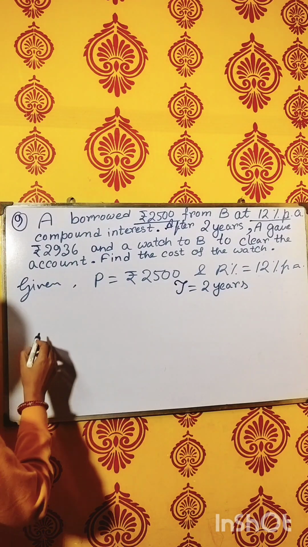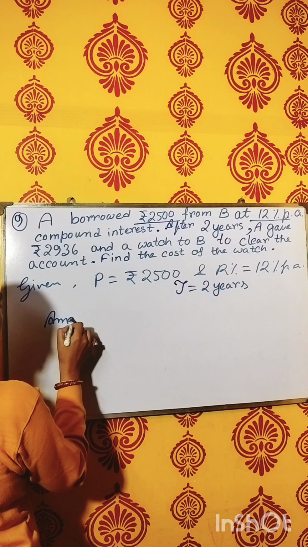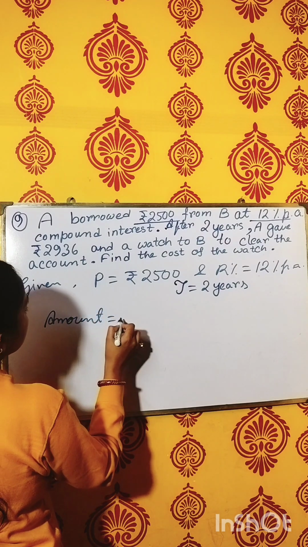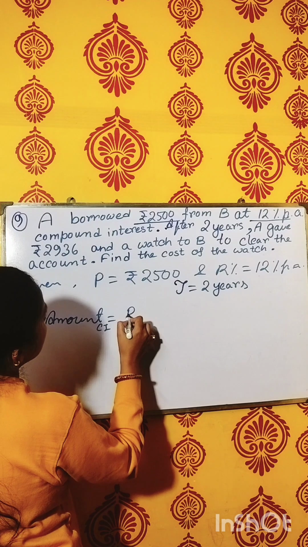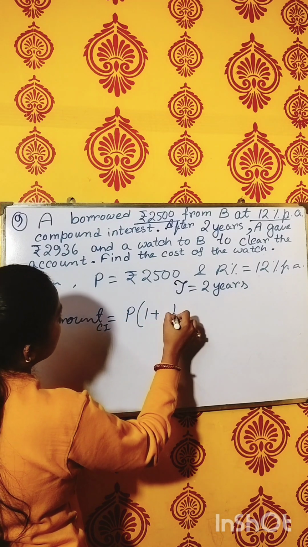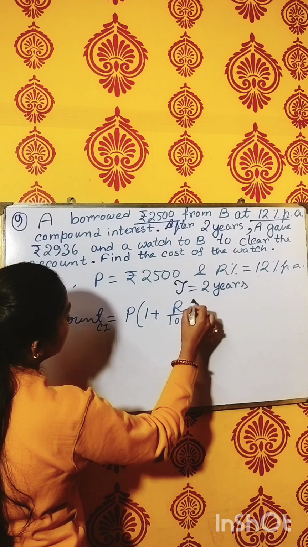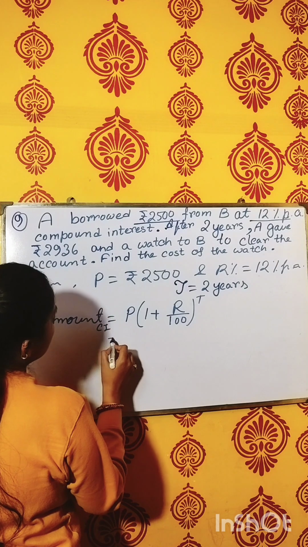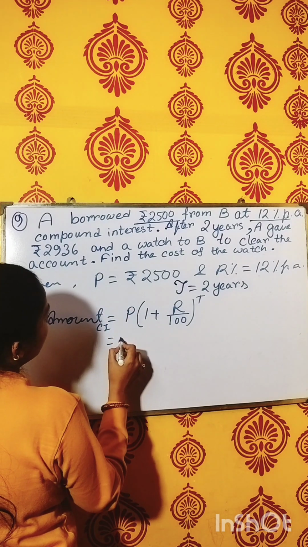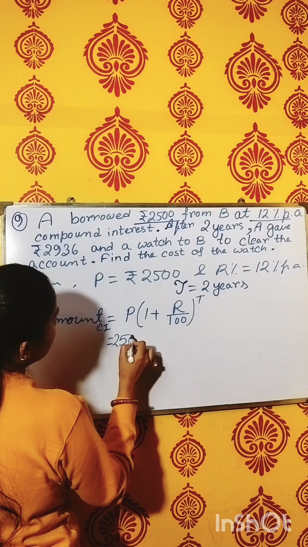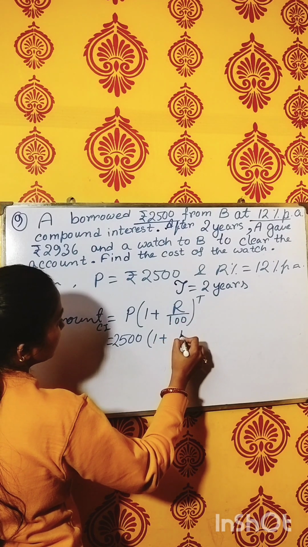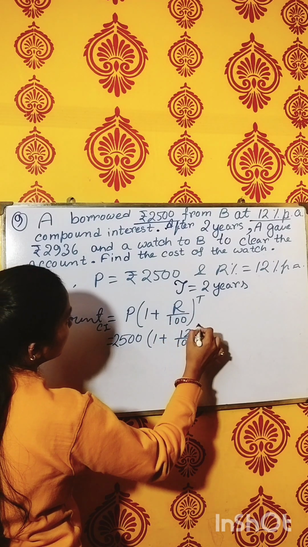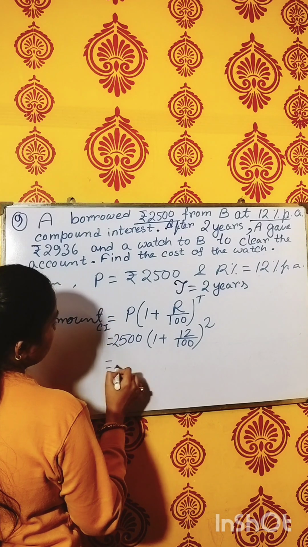Therefore we have to find the amount. That means amount in CI is equal to P multiplied by 1 plus R by 100 whole to the power n. Now we put the value of principal 2,500 multiplied by 1 plus R means 12 divided by 100 whole to the power 2.